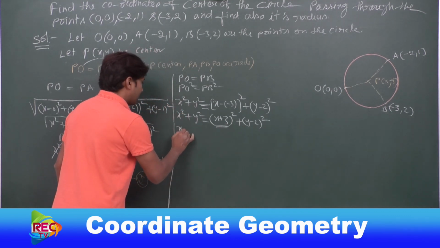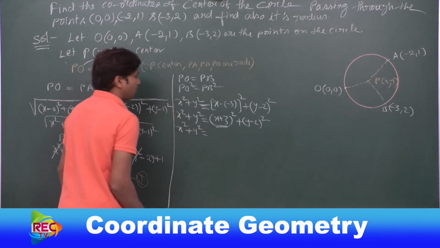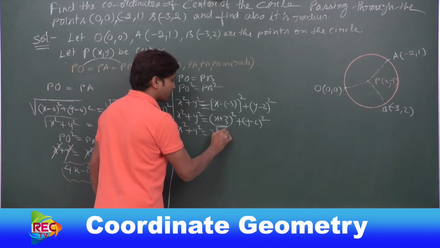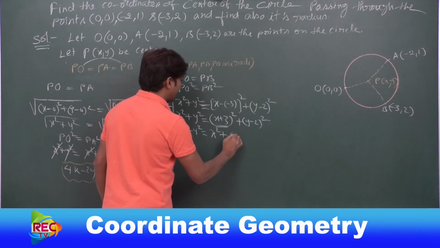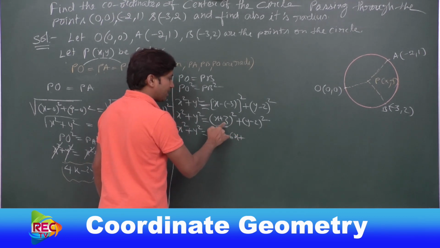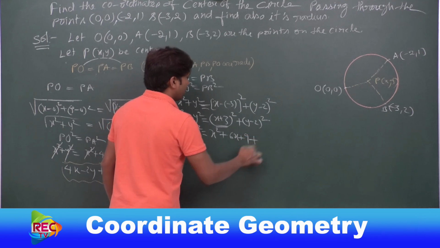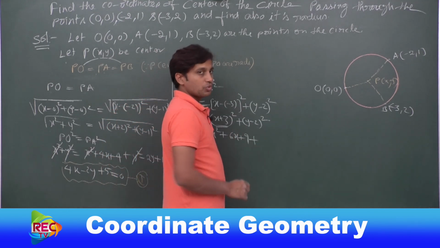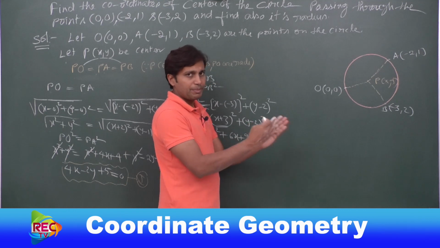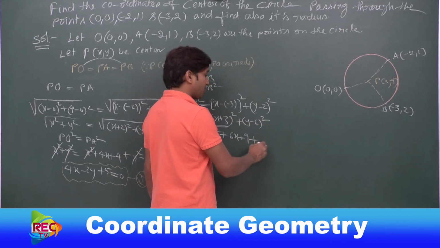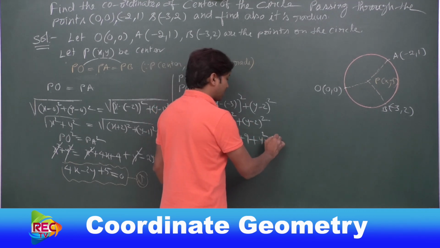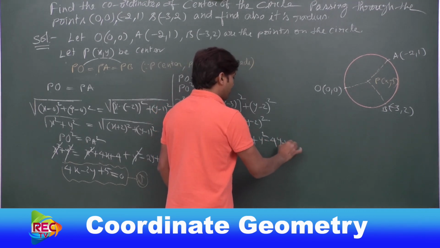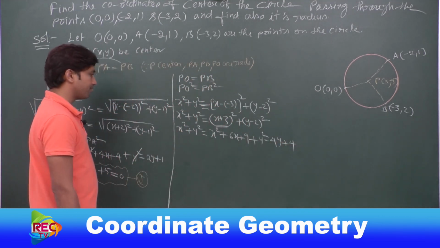Now do it. x square plus y square equal to x square plus 2ab, meaning 2x into 3, which is 6x, plus b square, that would be 3 square, which is 9. Now this is a minus b whole square, so a square minus 2ab plus b square we need to write. A square means y square, minus 2ab term would be minus 2 into y into 2, which is minus 4y, plus b square, which is 2 square, and the value would be 4.